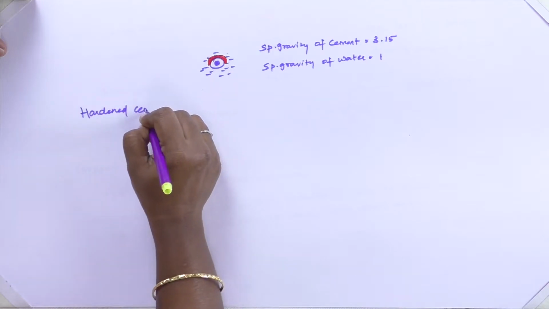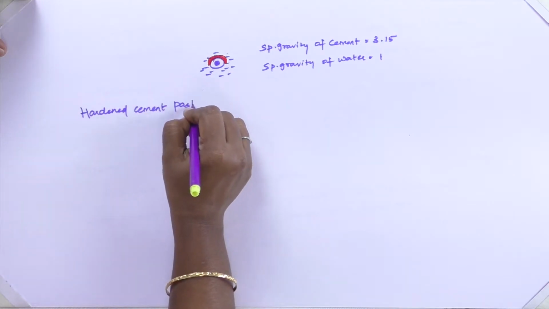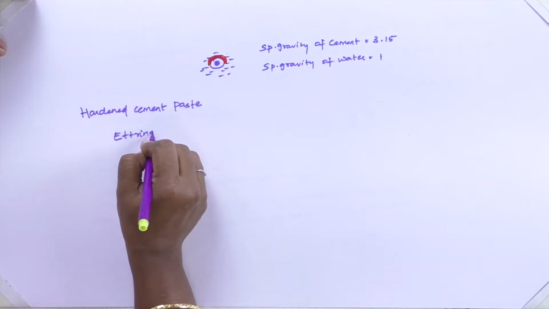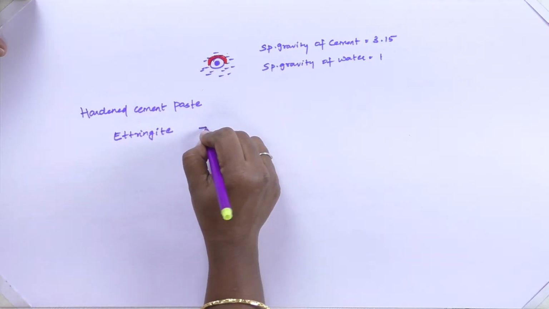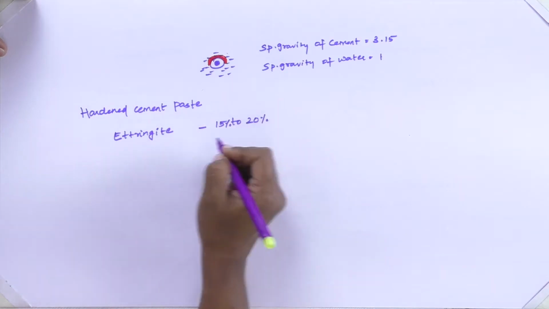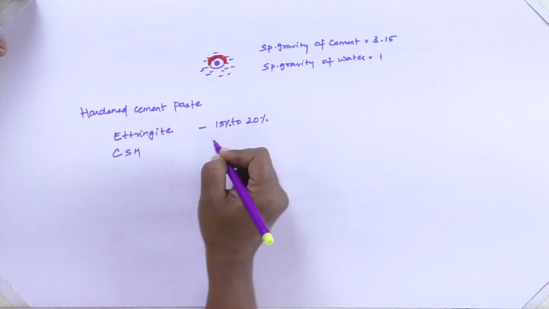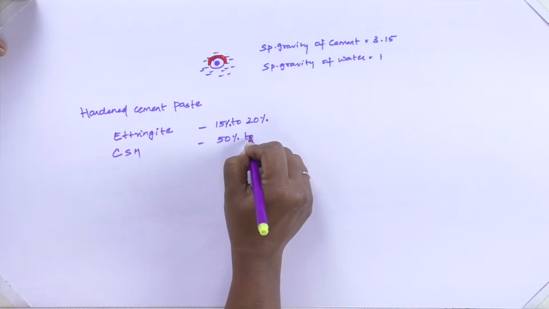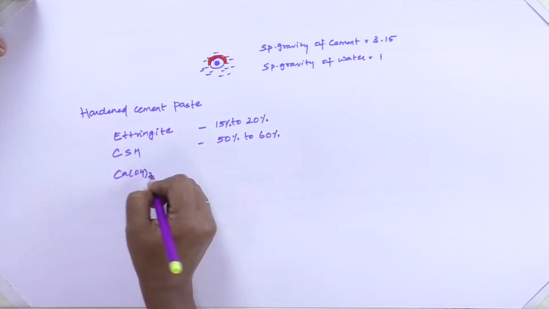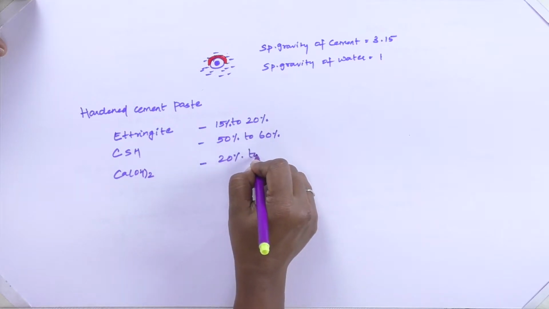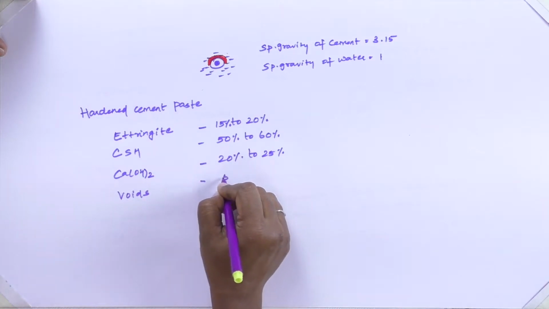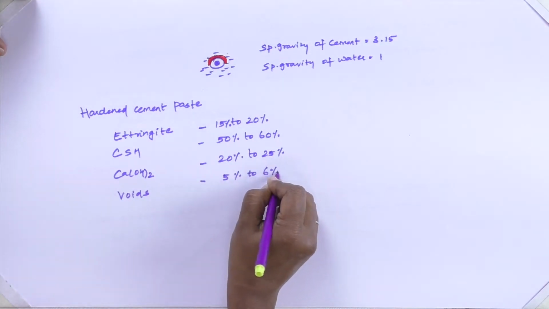Hardened cement paste: ettringite 15 to 20%, CSH 50% to 60%, Ca(OH)2 20 to 25%, and the remaining voids will be in the range of 5 to 6%.